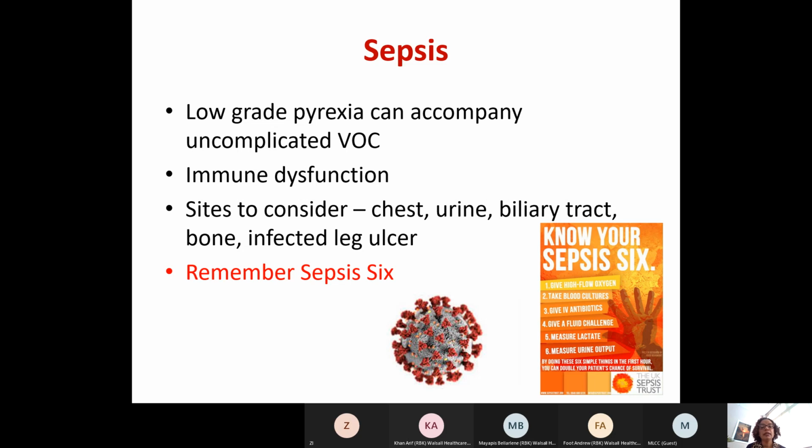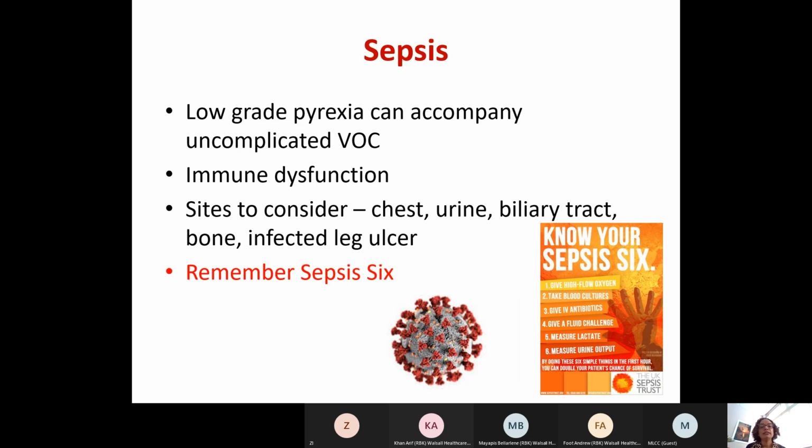As we said before, with low-grade fever, the reason that the patients are more predisposed to infections with sickle cell disease is because they are functionally asplenic, particularly those with HbSS, and there is something to do with the innate immune system as well.